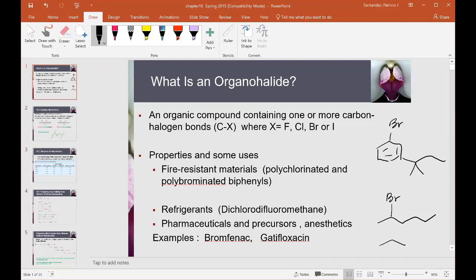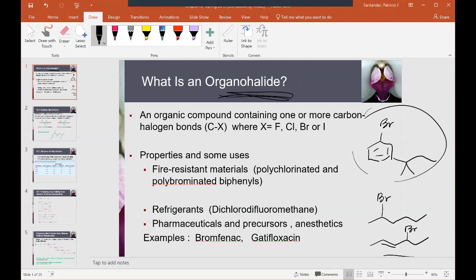Allylic halides is when you have a chain and you have a double bond somewhere, and then you have a halogen like bromine attached to the carbon atom that is the immediate neighbor to the double bond. And so there we have three different kinds of organohalides. That will be an aromatic halide, this will be an alkyl halide, and this will be an allyl halide.